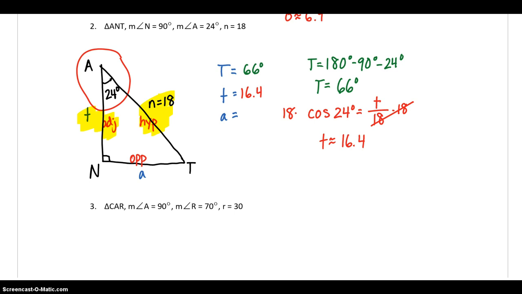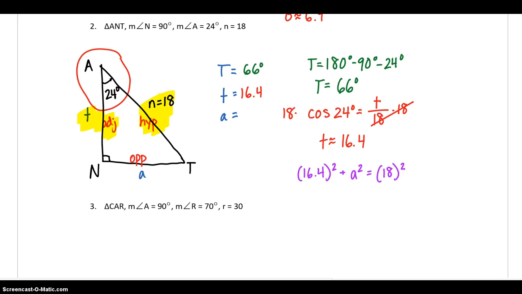Alright, last one. To solve for my last side, I can just use the Pythagorean theorem. I know T, that's what I just found, so that's one leg, 16.4 squared, plus my other leg, which I don't know, that's what I'm solving for, so A squared equals the hypotenuse squared, which is 18 squared.